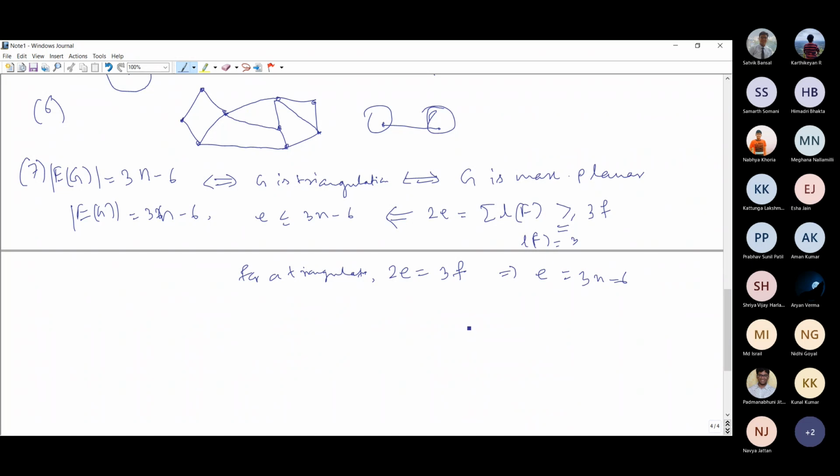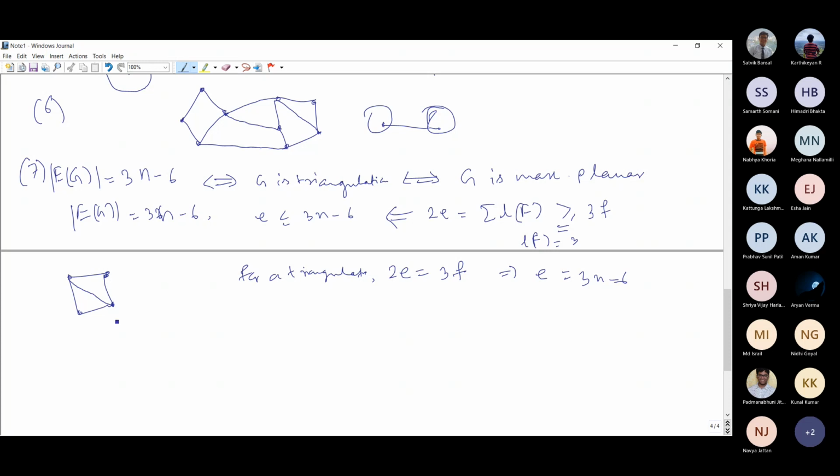And then maximal planar graph. Maximal planar graph means always that the length of every face will be equal to 3. If the length of some face is more than 3, say the length of some face is equal to 4, then you can always include a new edge into that.